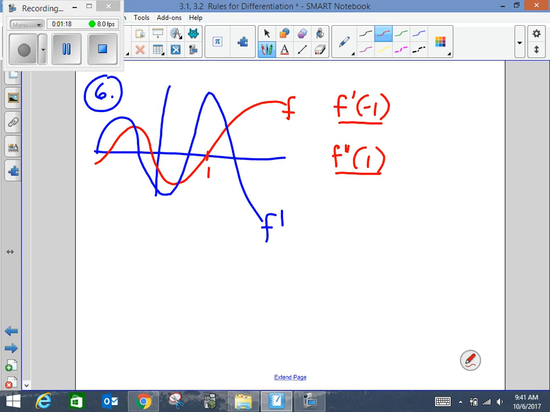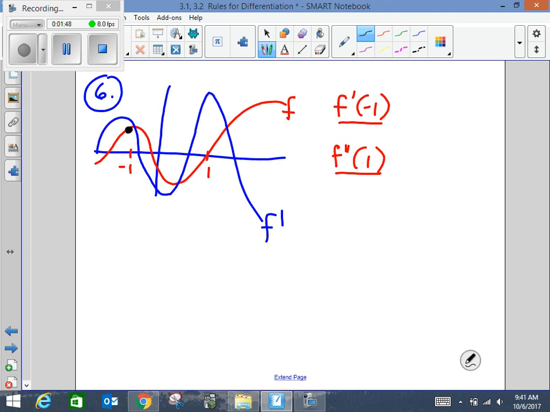All right, so f prime of -1. Where's -1 on this graph? It looks like it's over here. Would you agree? If you look at the graph, that's where I have it marked. So f prime of -1 is about right here.